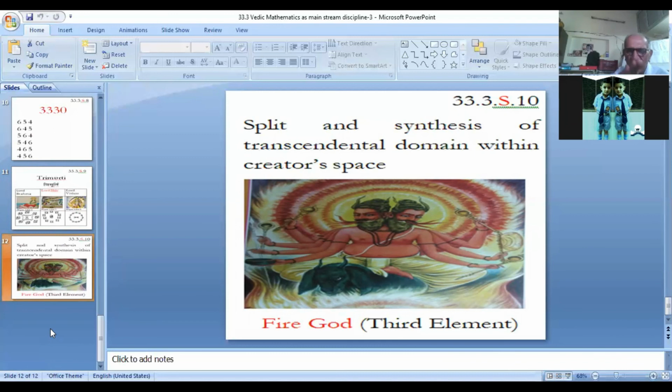In fact, the Vedic mathematics of Ganita Sutras, to be parallel with the solar universe, is potentializing itself parallel with the split and synthesis of a transcendental domain within creator's space at its dimensional solid order, which is formatting parallel to the Agni Tattva, the fire god, the third element, which splits into a pair of domains.